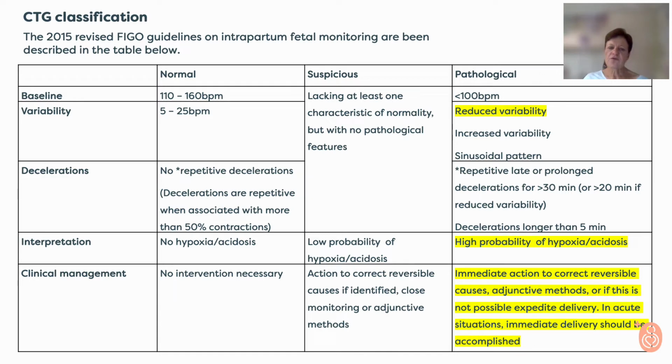So they will fall also here under the suspicious column, in the sense that they're not pathological yet, but they are suspicious. But in total, our pattern would then be pathological because of the reduced variability. So there's a high probability of hypoxia. So we have to immediately act on this whole situation, which we will come to just now.